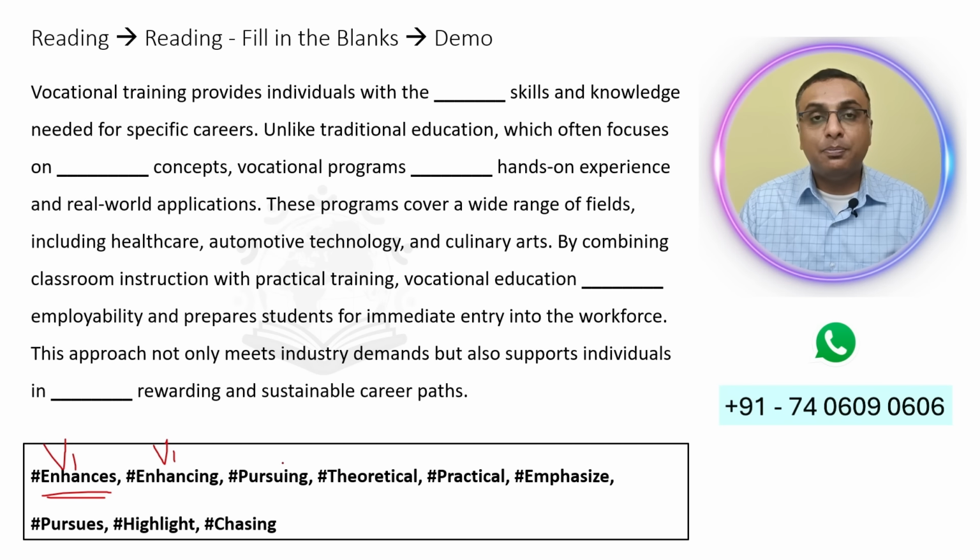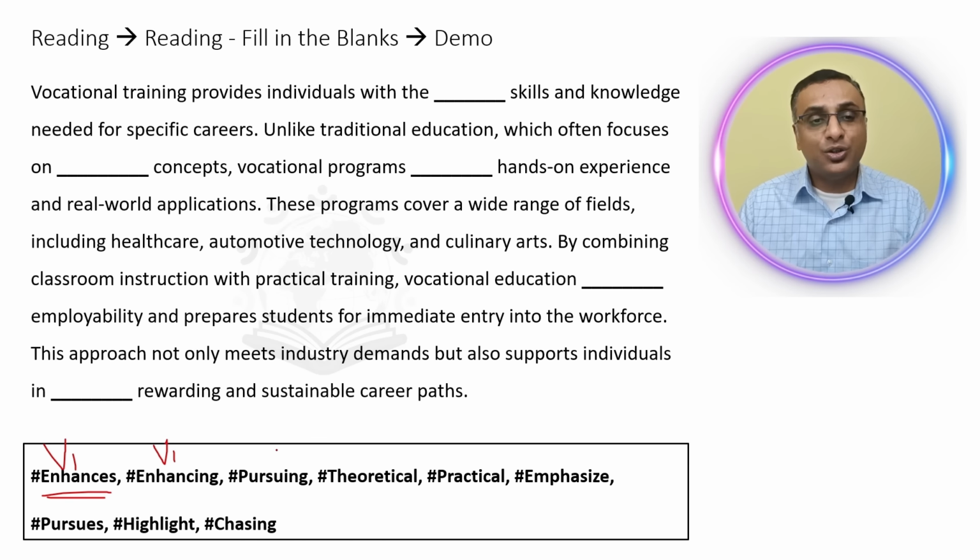Next, pursuing. Pursue. You keep on nudging somebody to do something, right? That is an action. So here also it is V1 plus ing in the present continuous form. So this is also a verb. Next is theoretical and practical. To easily identify what parts of speech it is, you can think of examples in your exam.